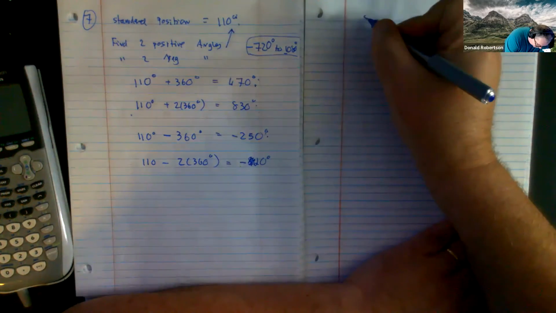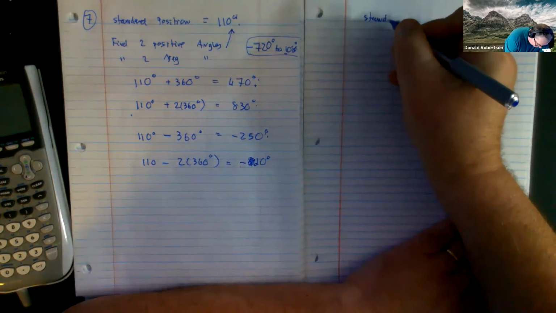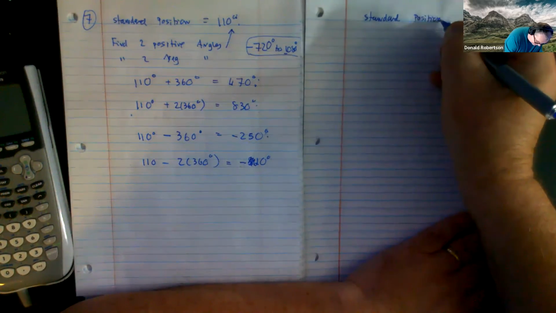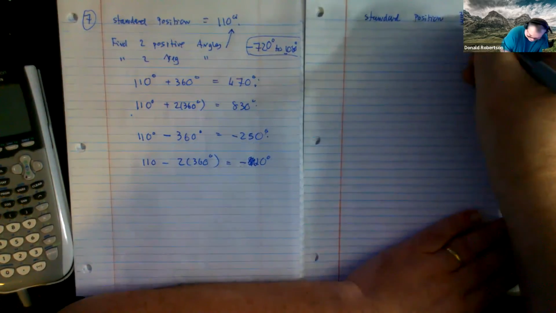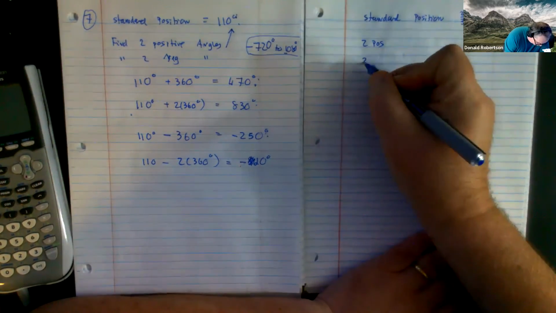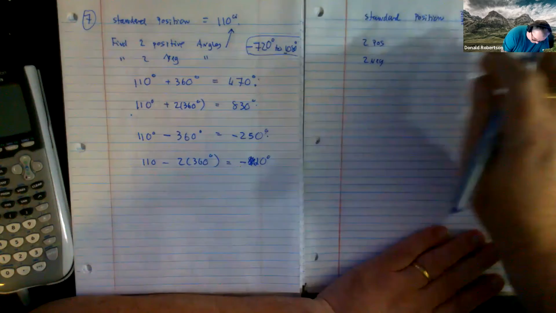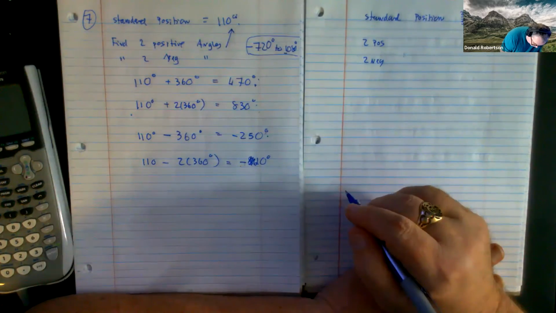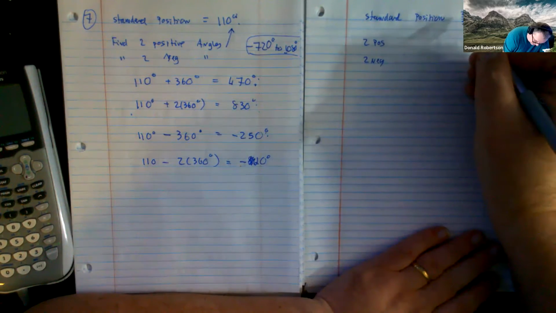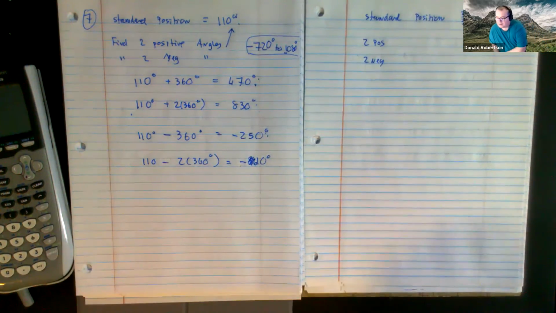So let's have a standard position. Let's say it's 2/3 pi, and we'll do 2 positive ones, and we'll do 2 negative ones. I don't need to worry about the range. They'll come out pretty straightforward. So if I wanted the 2 positive ones, what would I add to 2/3 pi? 2 pi.